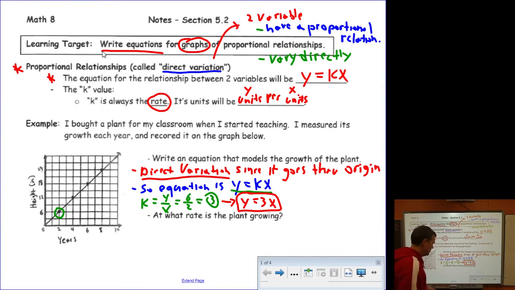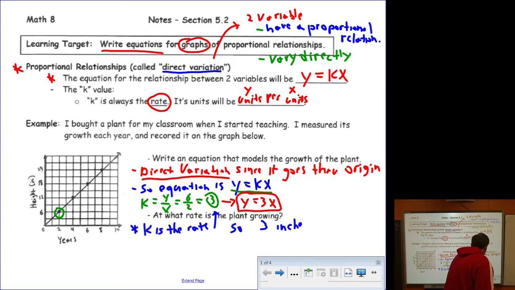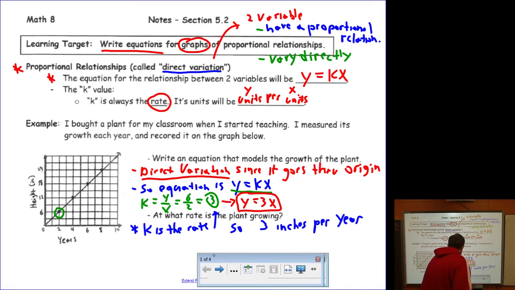Next up, we want to know at what rate the plant is growing. Well, k is the rate, right? We just found k, and k is the rate. In fact, k was equal to 3. So, 3 inches per year is our rate, right?